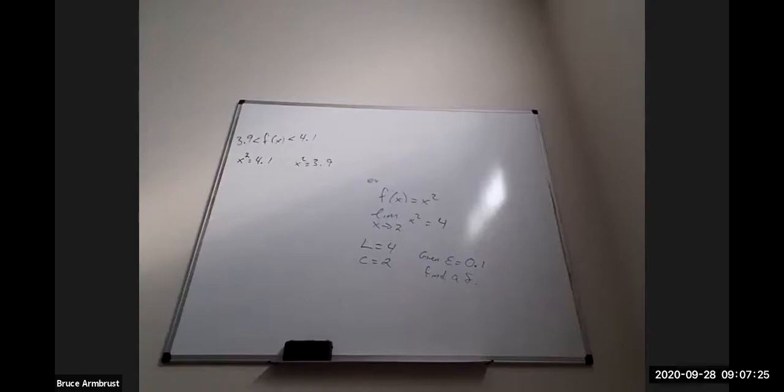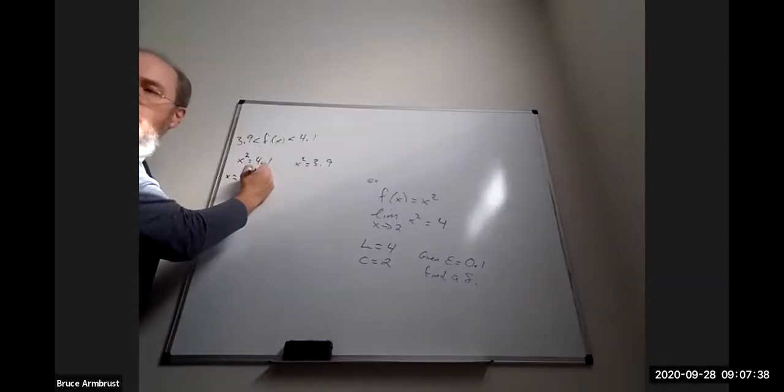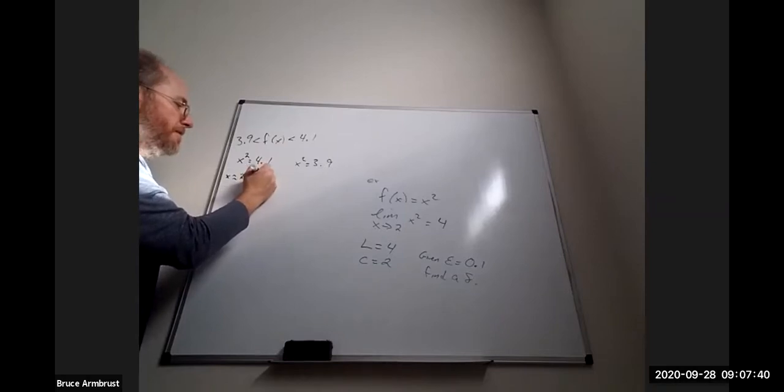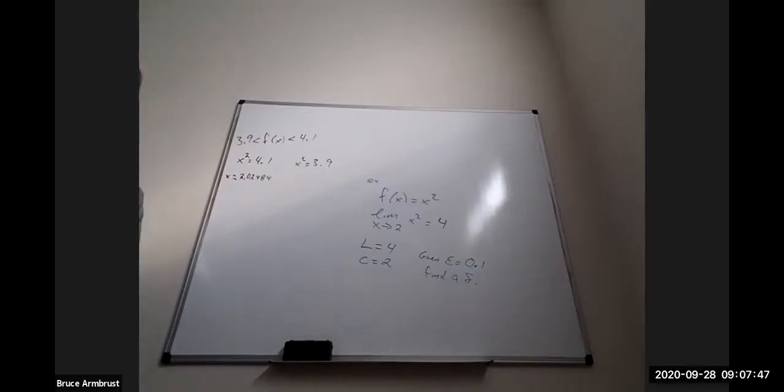Let me write that down: 2.02, 484, 5673, something more, blah, blah, blah. But this is the x value that's going to get us to 4.1.